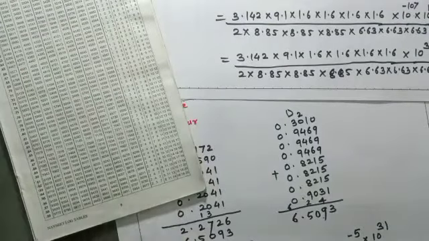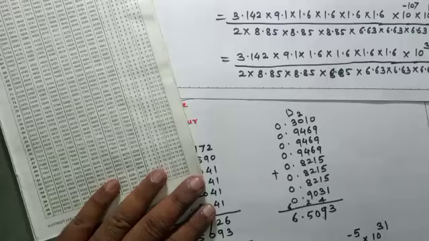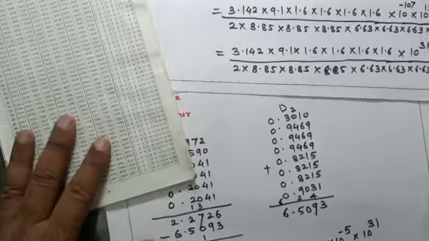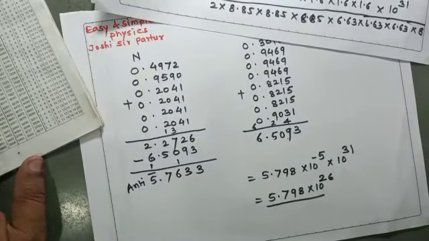When 5 is subtracted from 31, its value will be 5.798 into 10 to the power 26. So here we can find the answer. That answer will be 5.798 into 10 to the power 26.